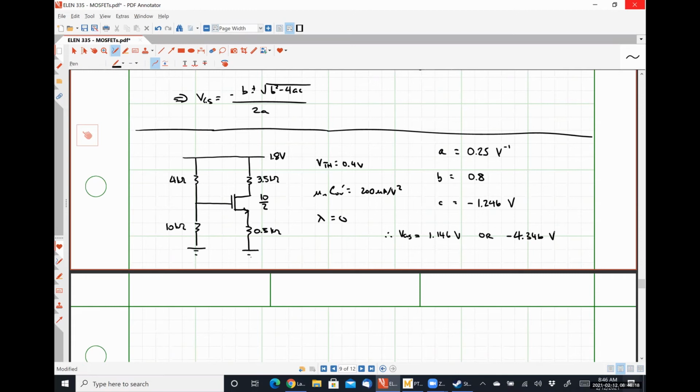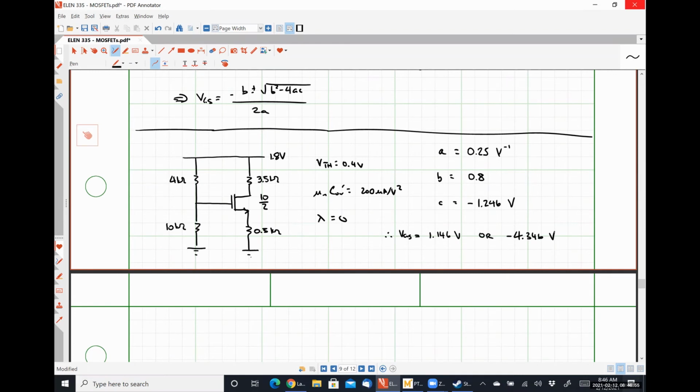Seeing that negative 4.346 is outside the range of what we should expect for a voltage that we would assume would be between 1.8 volts and ground is okay, but it might not always work out that neat, okay? We don't know what the voltage drop across our 500 ohm resistor is, so we really can't say what we're expecting that number to be, but only one of the two options is ever going to wind up with the transistor being on, so that's the one we need to go with.